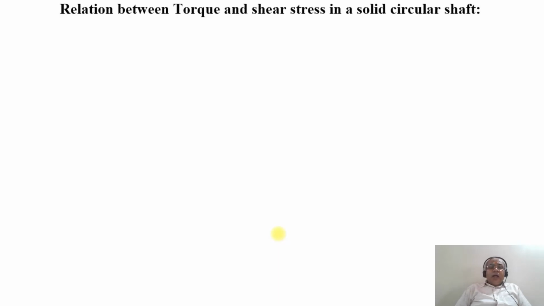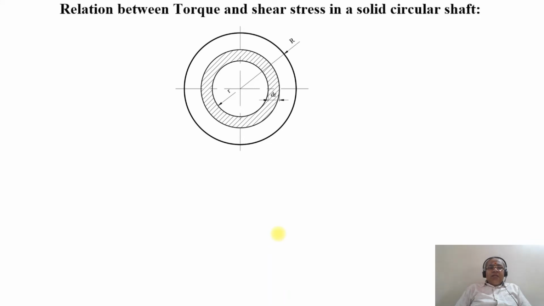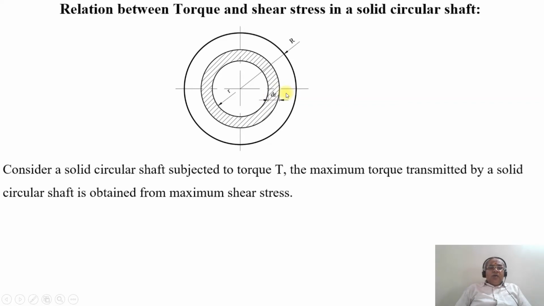Now we can have the relation between the torque and the shear stress in a solid circular shaft. If you consider a solid circular shaft of radius capital R and any section, which is a radial section of inner radius r and thickness dr, the shaft is subjected to torque capital T. The maximum torque transmitted by the solid shaft is obtained from the maximum shear stress.